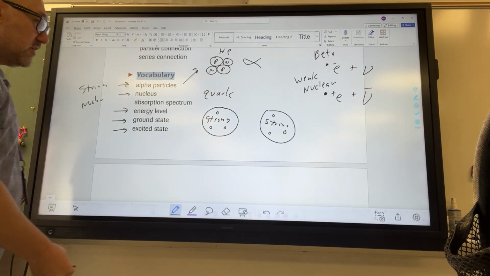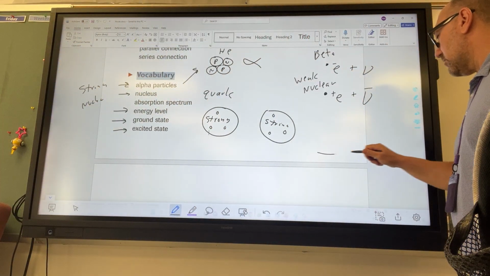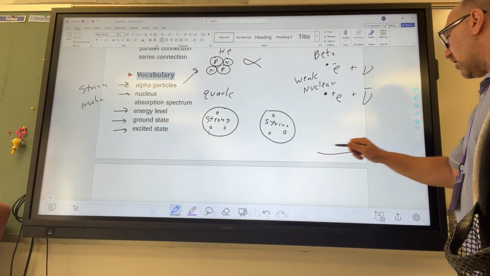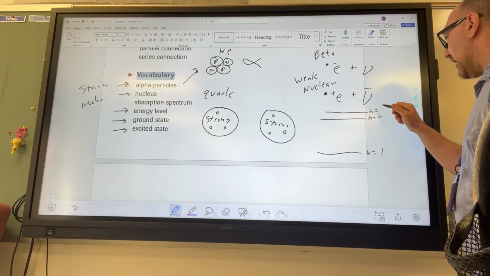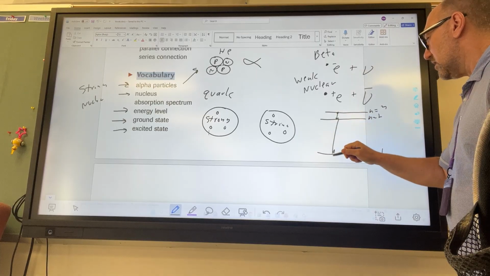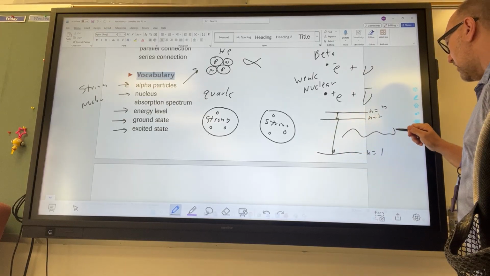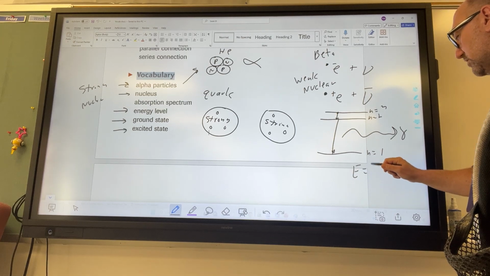Energy levels. So that's where you look on the reference table, right, and you have n equals 1, and then way up here is n equals 2, and n equals 3, and when the electrons drop, they give off a photon according to E is equal to hf.